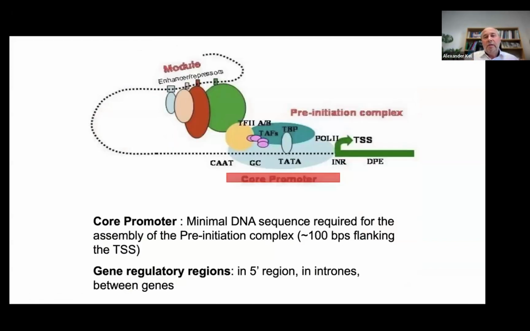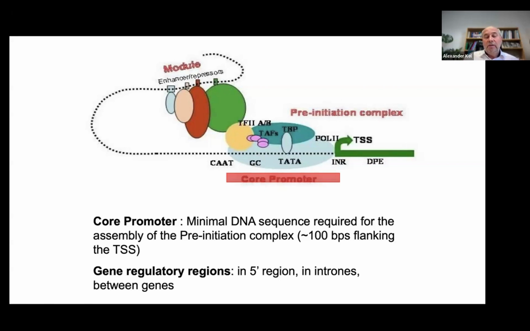And here is a very early picture from some very early review where researchers collected so-called boxes like TATA box, CAAT box, and the initiator element near the start of transcription, to characterize this region a little bit and to understand what is common between the promoters of different genes.